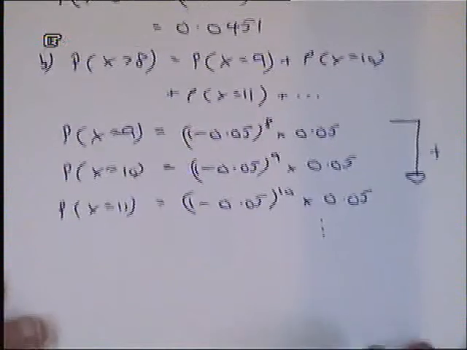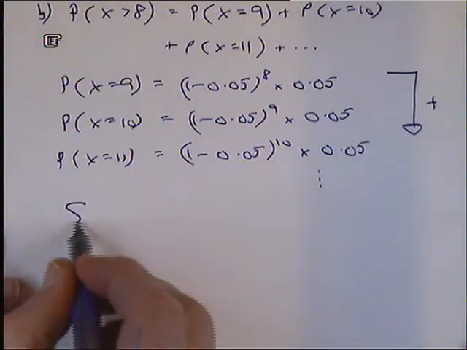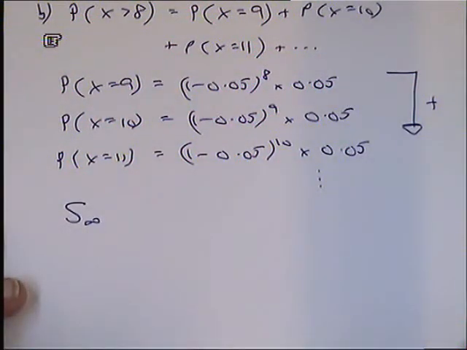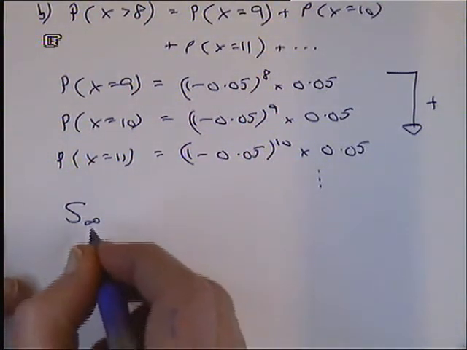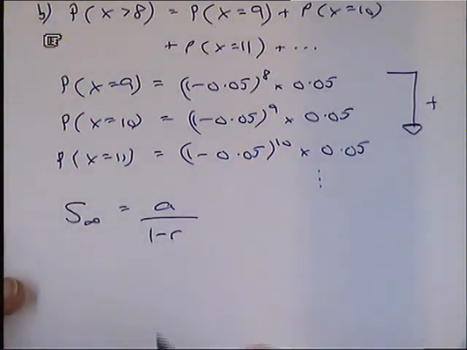Adding a set of infinite numbers up, you might think is impossible, but there's something you haven't yet studied in core maths which enables you to do this under certain circumstances. And as far as the geometric distribution is concerned, those circumstances will be true. There's a special formula. It's called the sum to infinity. I'm not going through any details now, it will be explained in core maths, I'm just going to give it to you. The sum to infinity is equal to a over 1 minus r.